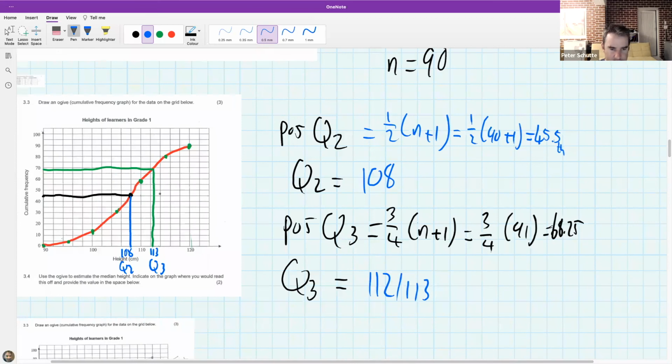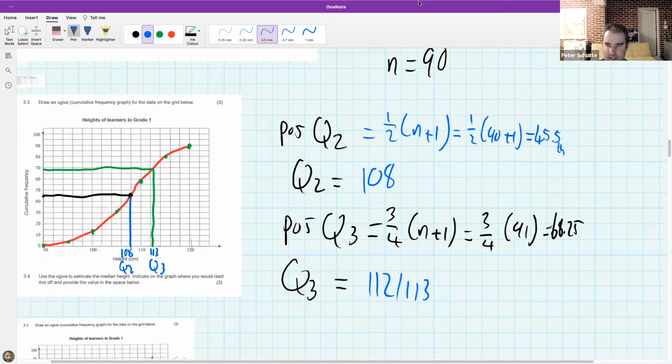And what that means is that Q3 is going to have 75% of the data below it. So 75% of students are 113 centimeters or less. 25% of students are going to be above 113 and less than or equal to 120.